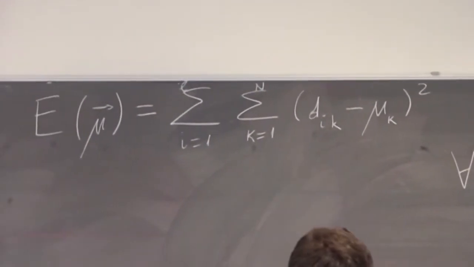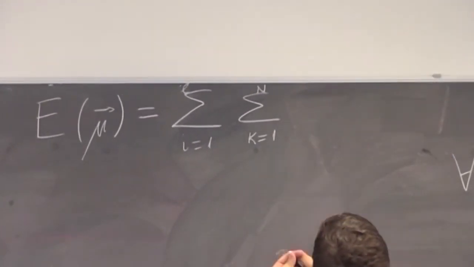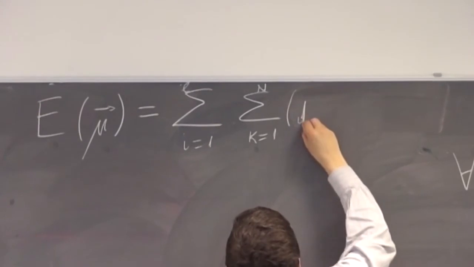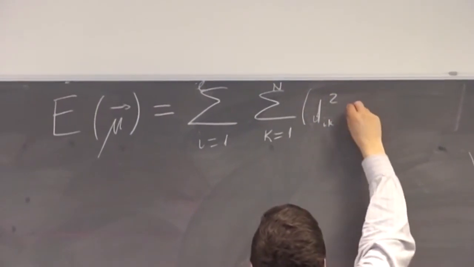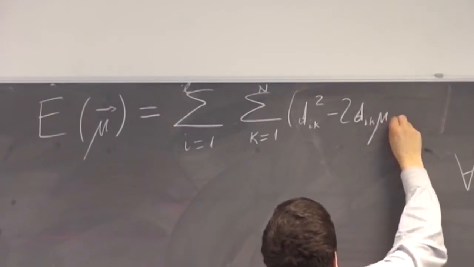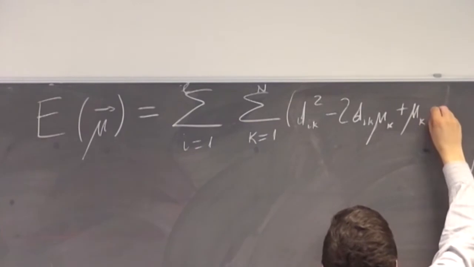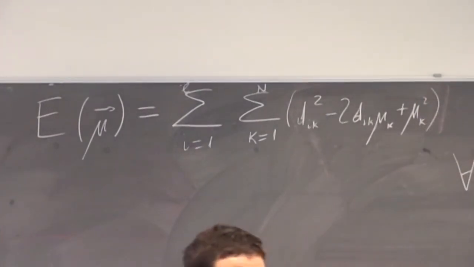Okay, let me rewrite this by expanding this square. So we get d_ik squared minus 2 d_ik mu_k plus mu_k squared.